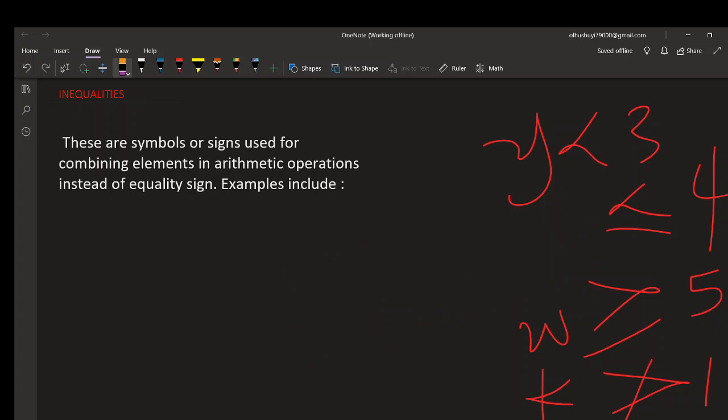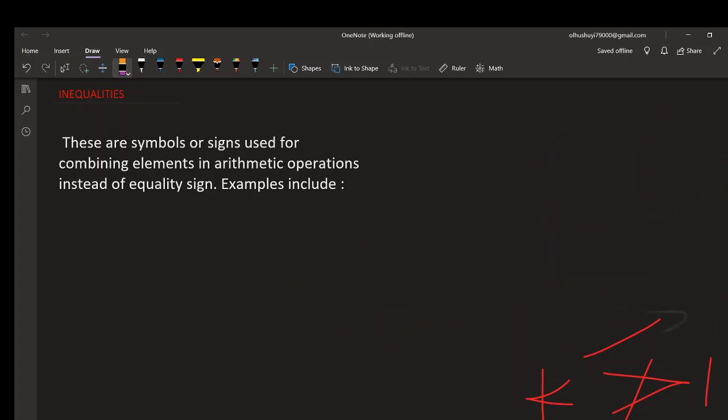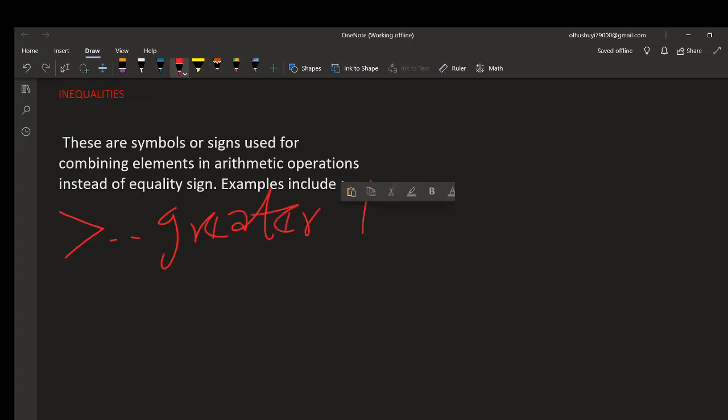The symbols that represent the inequalities, what are they? Examples include this one. This means greater than.